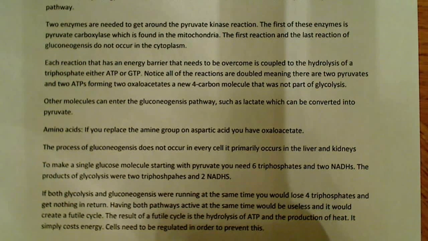So to make a single glucose molecule starting with pyruvate, you need 6 triphosphates. And the reason you need 6 is because everything's doubled. Okay? So you need 6 triphosphates and 2 NADHs. And the products of glycolysis only produced 2 triphosphates and 2 NADHs.